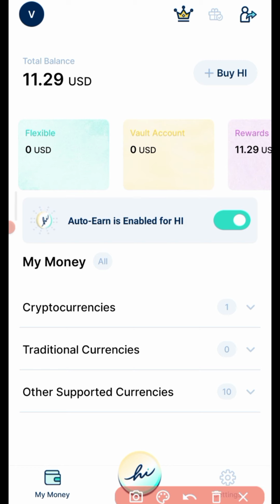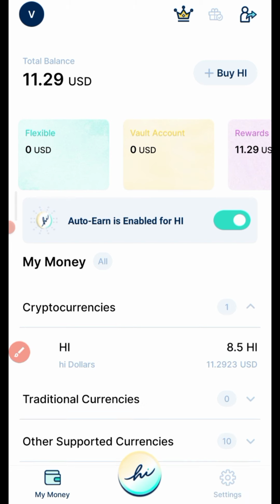Okay, let us click on cryptocurrencies here. Let's see what comes out from the drop down. You see high dollars. Then let us click on traditional cryptocurrencies. None.